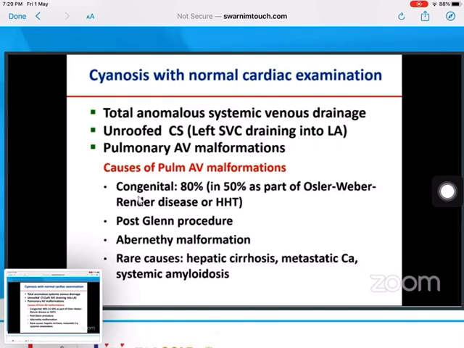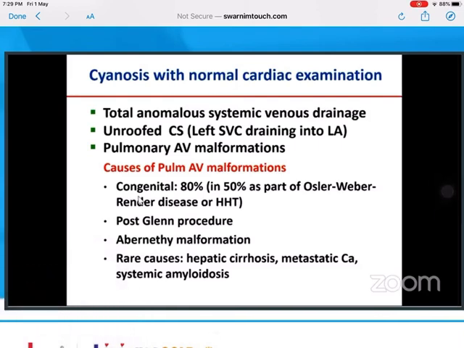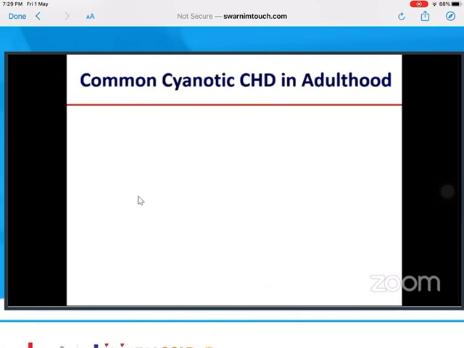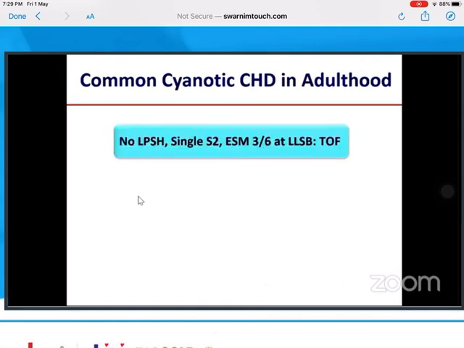So pulmonary AV malformations are congenital in most cases, can develop post-Glenn. I think a rare cause of pulmonary malformation is epidermal malformation, and these are the rare causes that I have listed. And echo with saline contrast injection, I think we all know, is quite diagnostic, even if clinical, X-ray, ECG, everything is normal.